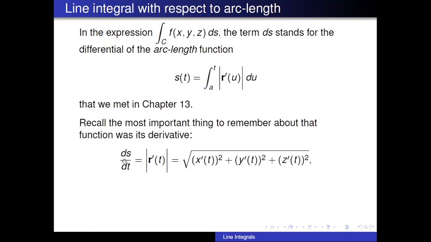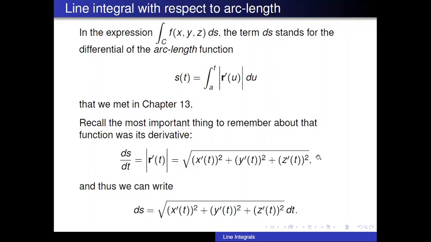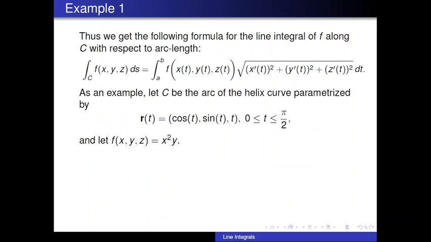So we can just do an abuse of notation there and bring dt on over here and write that ds, that piece up here in this integral, can be written as the square root of x prime of t squared plus y prime of t squared plus z prime of t squared dt. Okay, so we get the following formula for the line integral of f along c with respect to arc length.